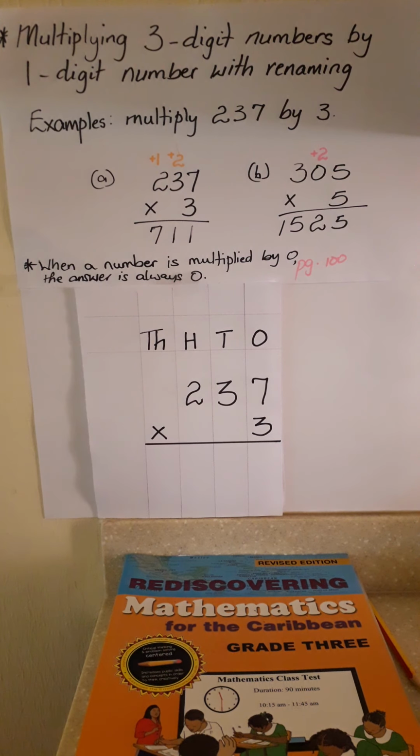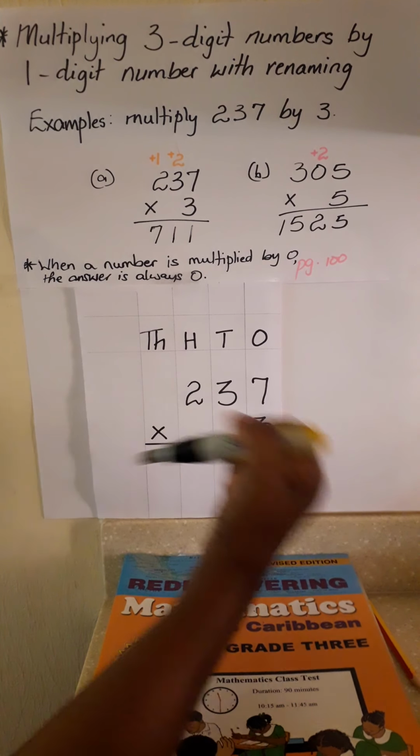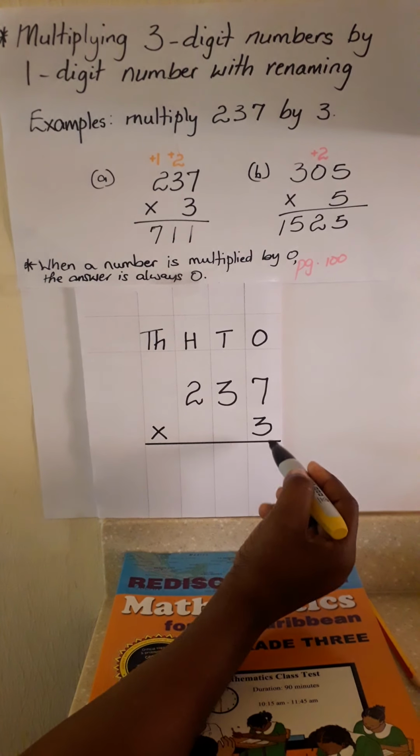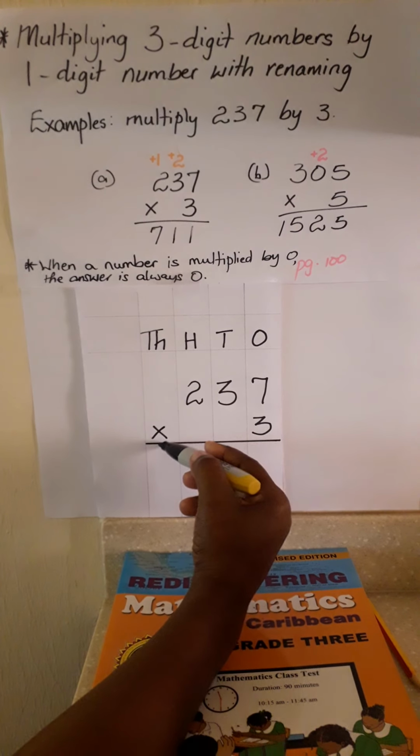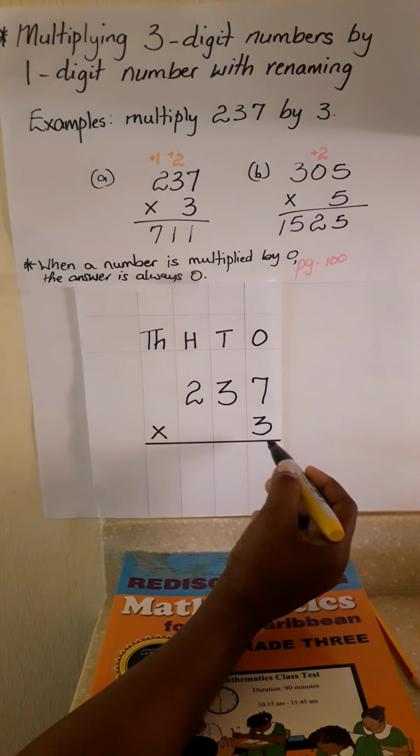So let's go. We're going to be multiplying 237 times 3. Now we are starting with the digit in the ones column. The first digit we have is 7, and the 7 is in the ones column. So 3 times 7 gives us 21.